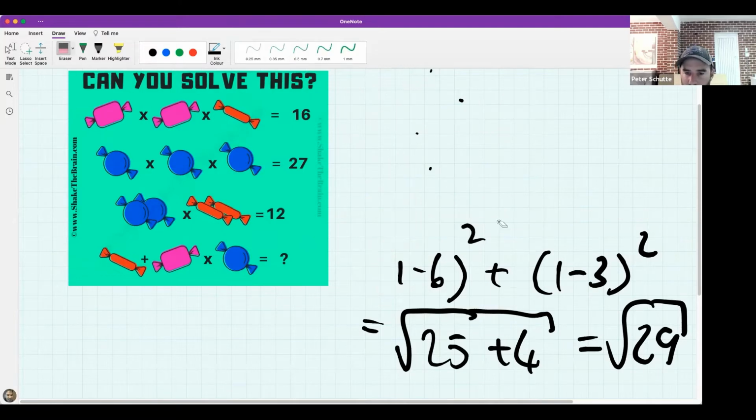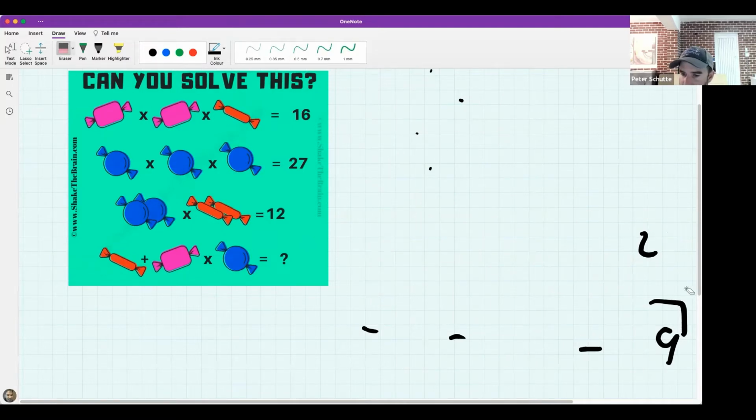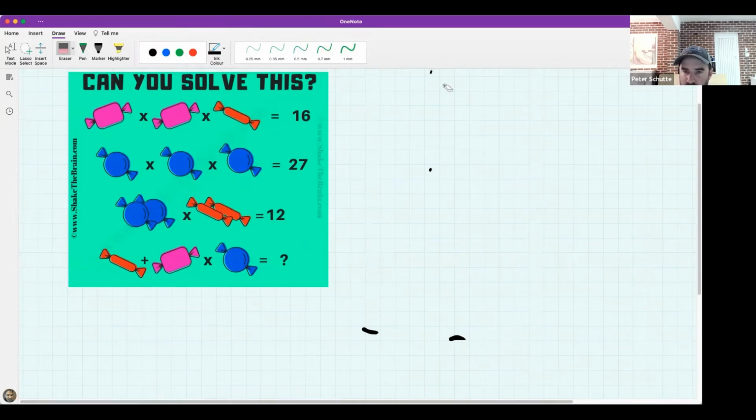Okay, now I see some answers are coming in for the brain break puzzle question. We're trying something a bit different today. I think a lot of you can see that the blue suite should be 3. So can you solve the final answer? What do we have here?